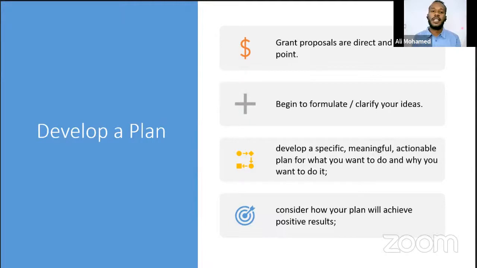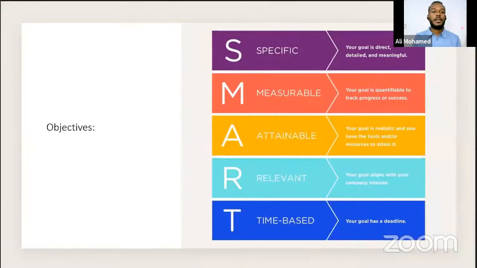And what questions are to be addressed? Next, develop a specific, meaningful, actionable plan for what you want to do, and importantly, why you want to do it. Then consider how your plan will achieve positive results. Your objectives need to be SMART, meaning they are specific, measurable, attainable, relevant, and time-based.